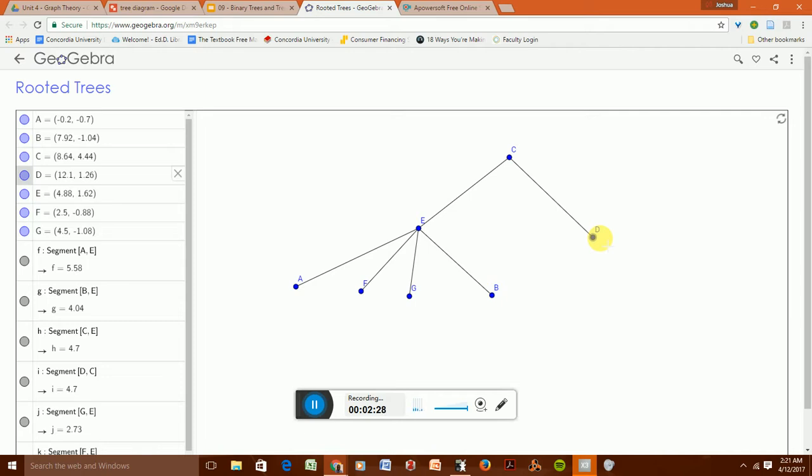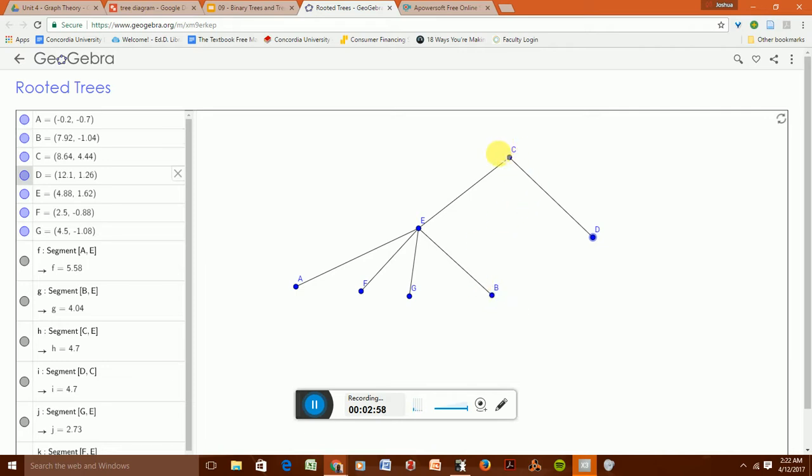So again, I just want us to understand that when we talk about roots, and also some other things that we talk about here, when we talk about the hierarchy of a tree, we talk about parents and children. So in this case, we will say something like, for example, E is a child of C. Likewise, E is the parent of A, F, G, and B. All right.